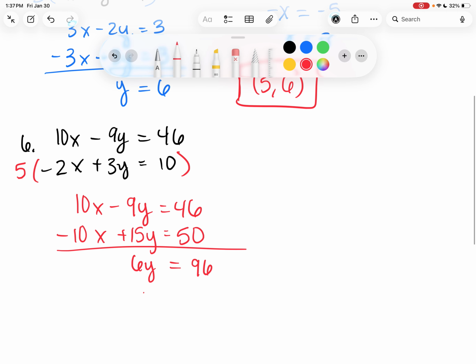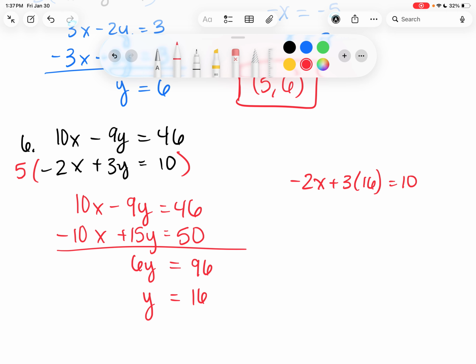Divide by 6. So y equals 16. And then I can take it and plug it into either of the original ones. Which one do you want to use? So negative 2x plus 3 times 16 equals 10.